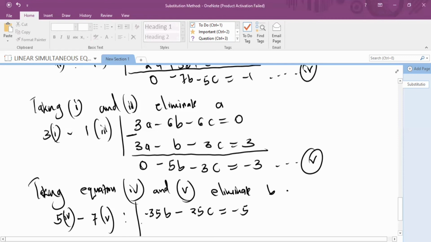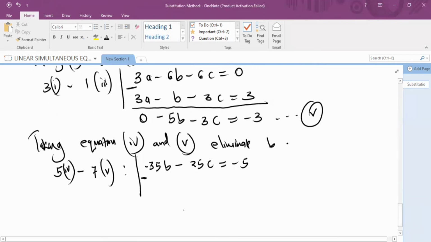Then we are subtracting those two equations, minus 7 of equation 5. So multiplying equation 5 with 7, we will have minus 35b. Sorry, we are taking 7 of equation 5. So multiplying this with 7, we will have minus 35b.